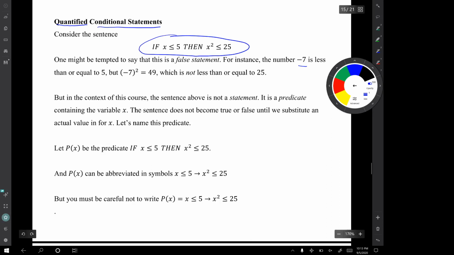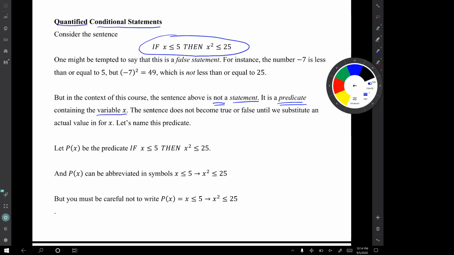But in the context of this course, the sentence above is not a statement. It's a predicate that contains the variable x. So the sentence does not actually become true or false until we substitute an actual value in for x.